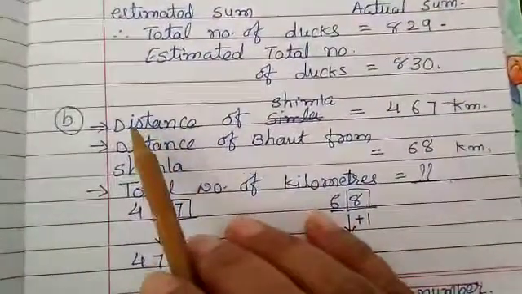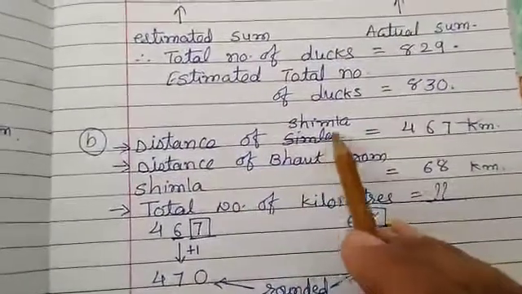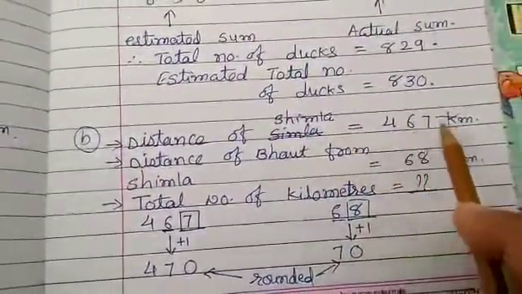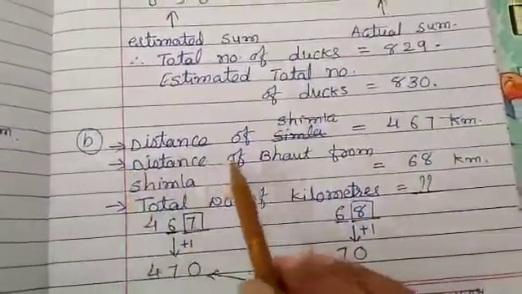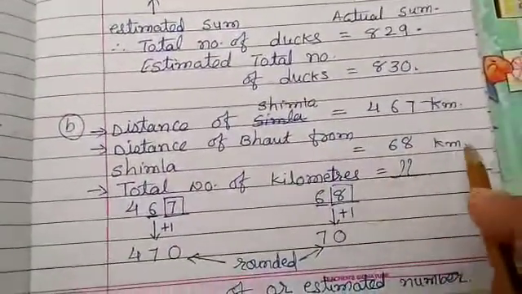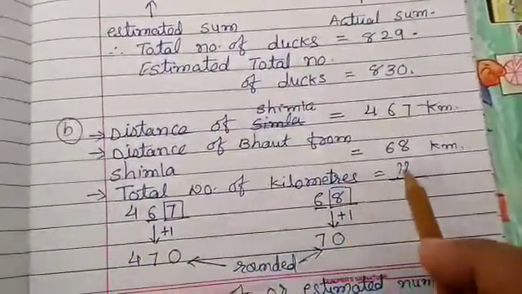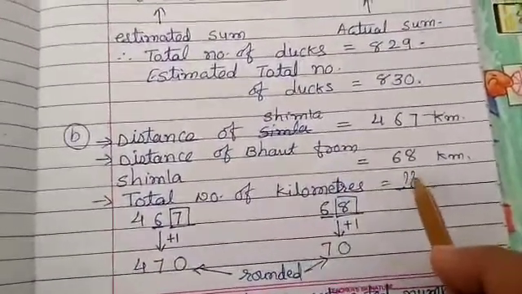First we will start with the statement. Distance of Shimla from their town is equal to 467 kilometers. Distance of Bhaut from Shimla is equal to 68 kilometers. Now total number of kilometers is equal to question mark because this is to be found.